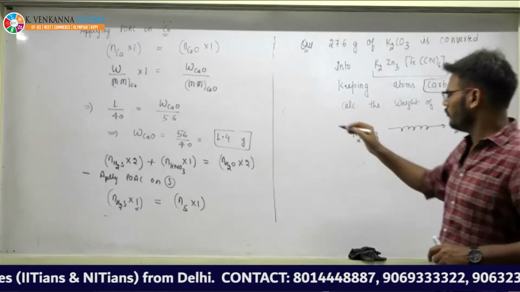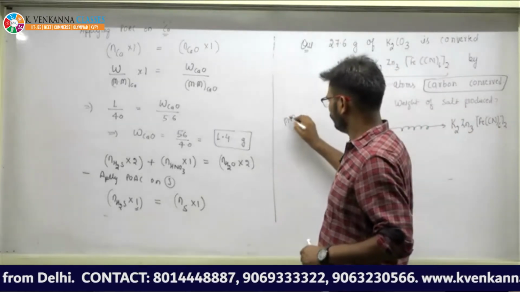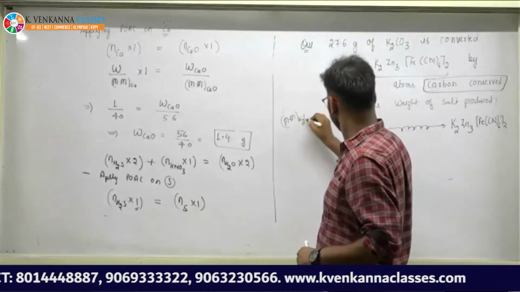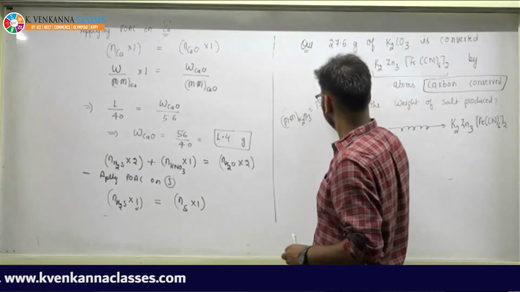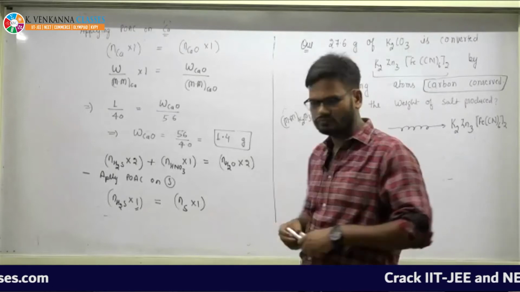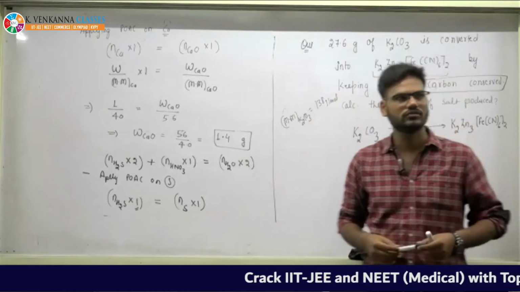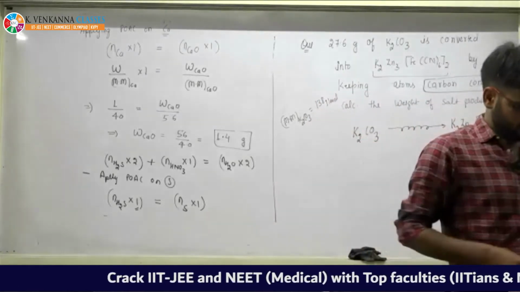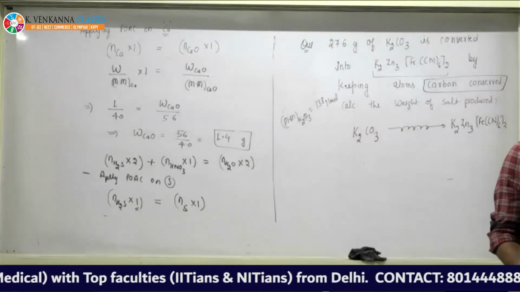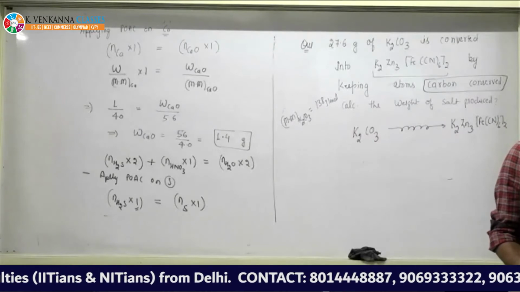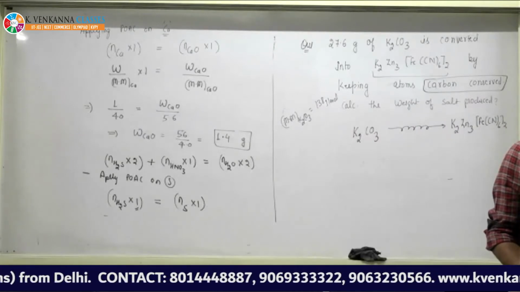If you want to know, molar mass of K2CO3 is 138 gram per mole. Try to solve it. The question looks very difficult. If you see at first sight, it looks very difficult.